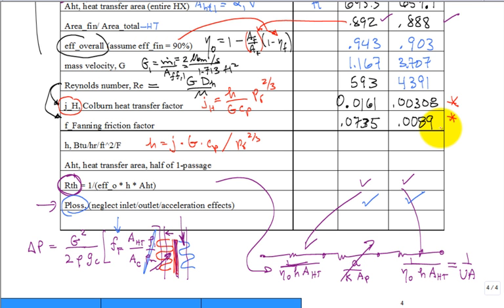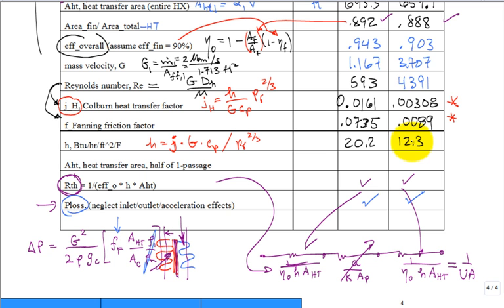All right, so now we have the j, and we can now calculate that h. That h, what did you guys get? Around 20.2? I got 18.84, and 12.3.